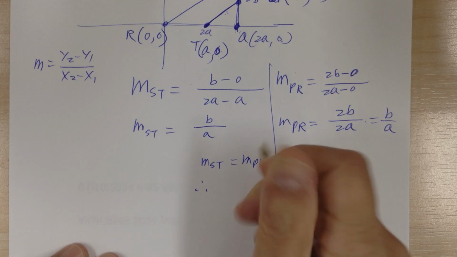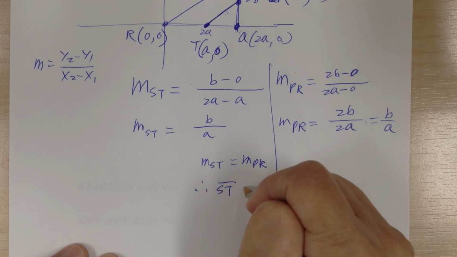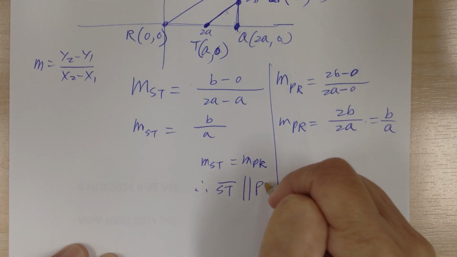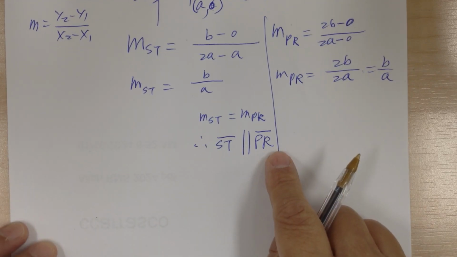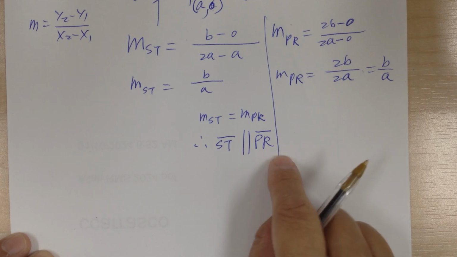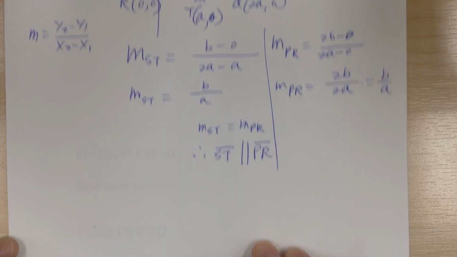Therefore ST is parallel to PR. Now remember, in the book I think there's a typo. They kind of change from R to O. But anyway, that's what I mean.